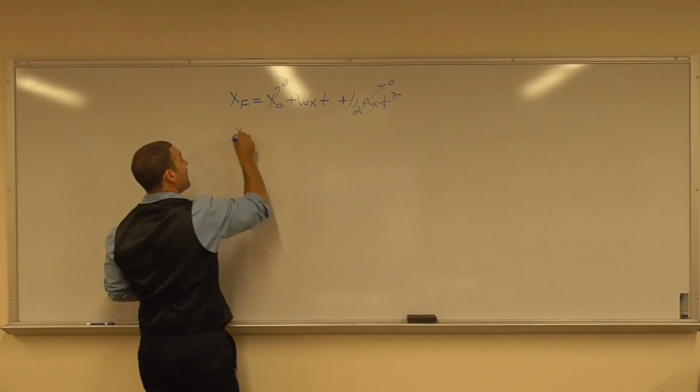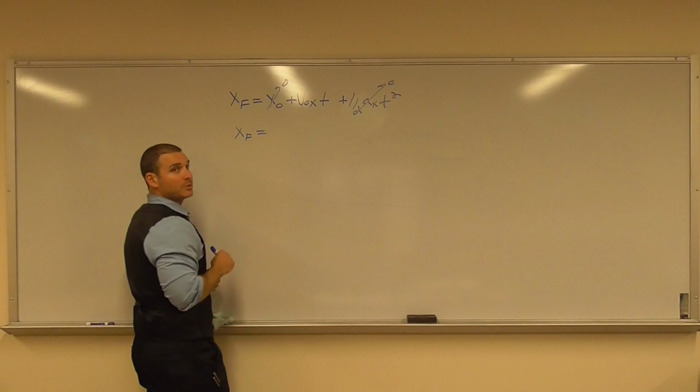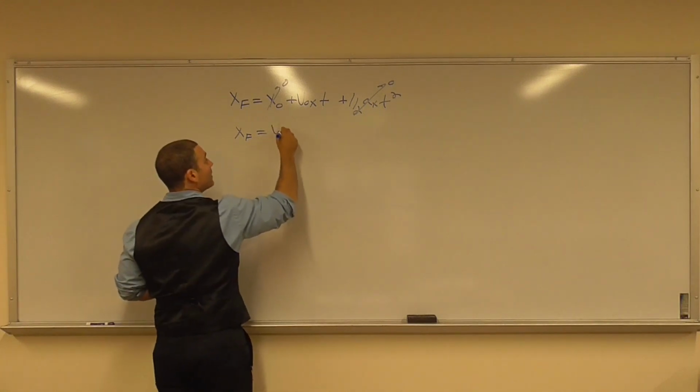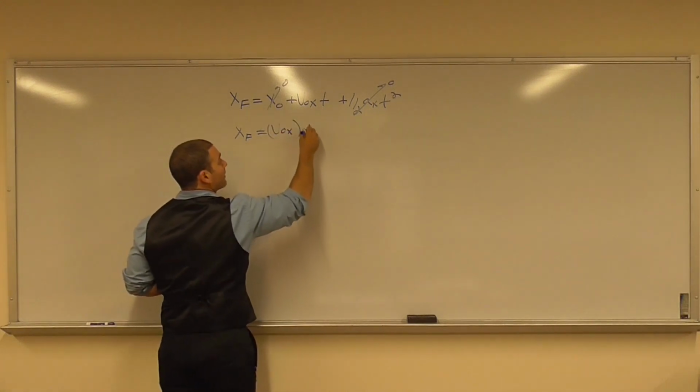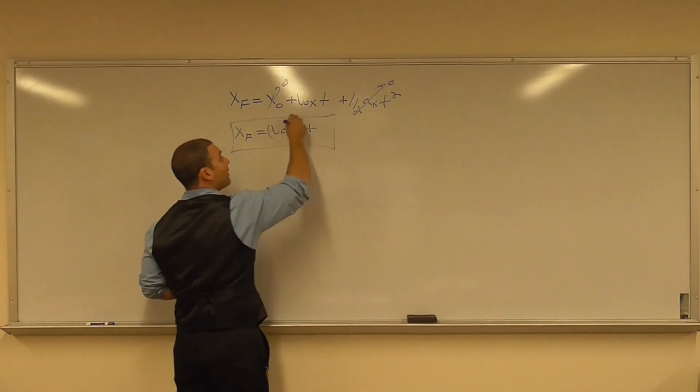That means that my final x position, the distance, is going to be v_0x times the time. So I'm going to box that baby up.